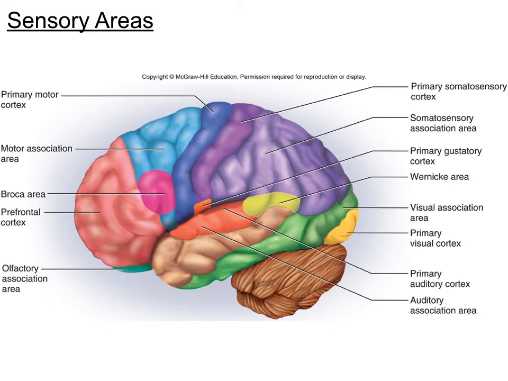Well, you would lose your ability to detect sensation through the skin on the left side of the body. So remember, the right side of the brain receives information from the left side of the body.